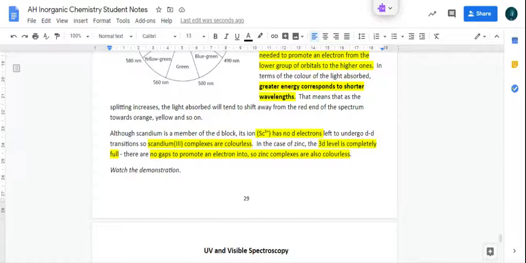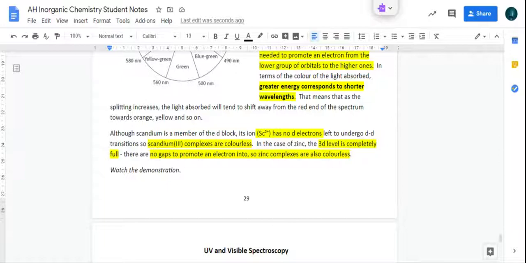The demonstration here, which I can't do at the moment but will do when we can get back into a laboratory situation, is to use a prism to disperse white light into the colors of the visible spectrum. Then we place colored solutions in that beam of light.